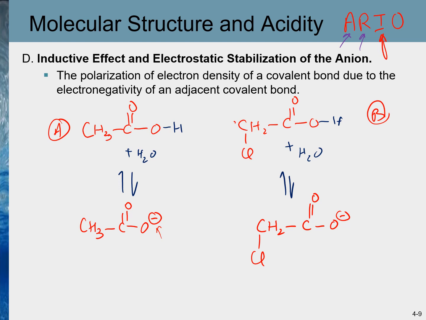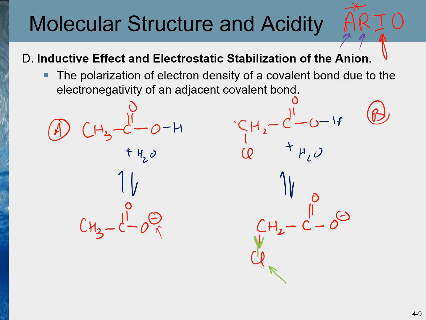So these first two factors do not come into the picture. Now the third factor, the inductive effect, plays an important role. What's the meaning of inductive effect? In the inductive effect, the presence of a highly electronegative element such as chlorine in this case withdraws or pulls the electron density towards itself.